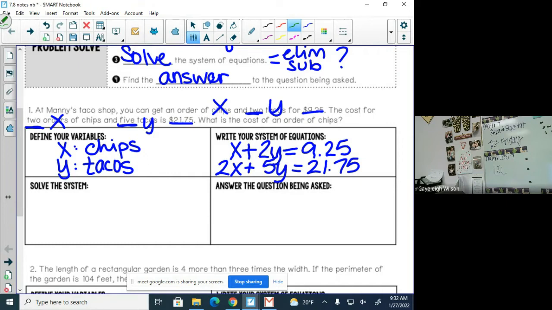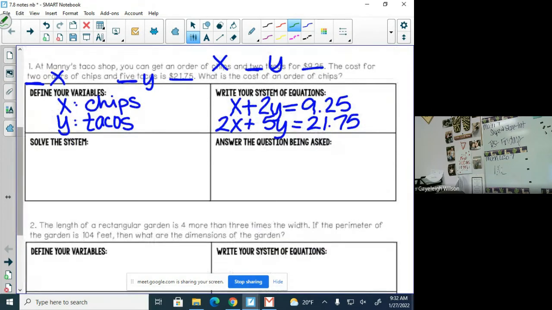X or Y, the same number on opposite sides. Which one should we eliminate, X or Y? X is the easiest. If this is positive 2, this one's going to be negative 2.